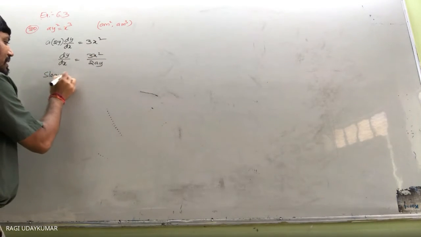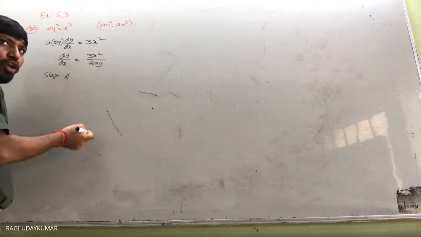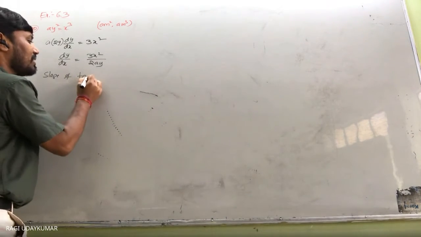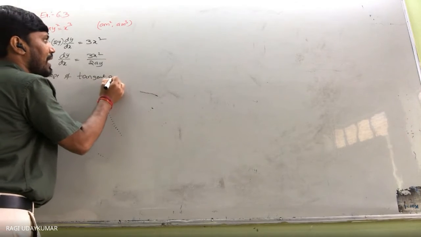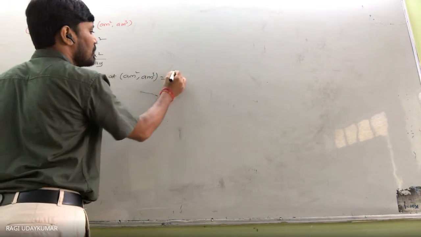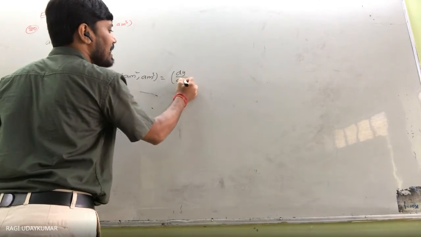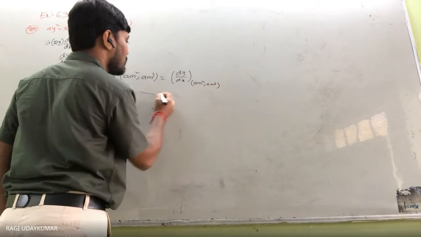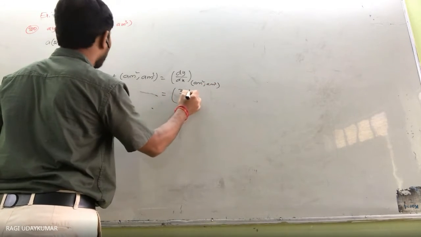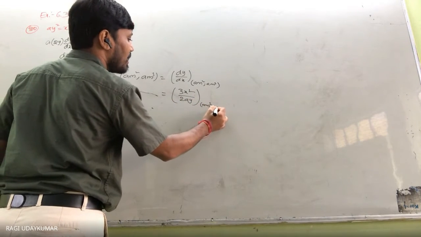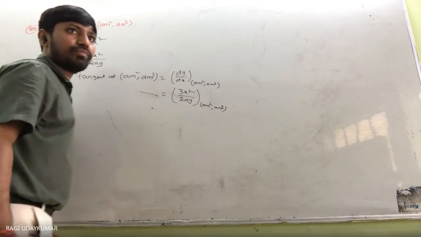The tangent slope is not needed, the slope of the normal is direct, but first find the tangent. Slope of the tangent at a m square comma a m cube is equal to dy by dx at that particular point, which is 3x square by 2ay.